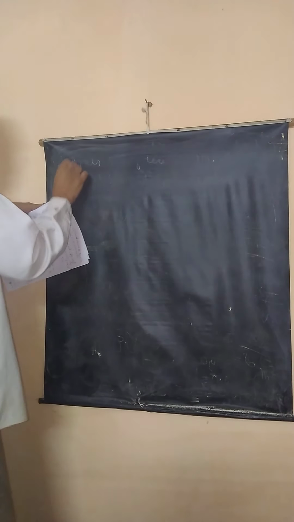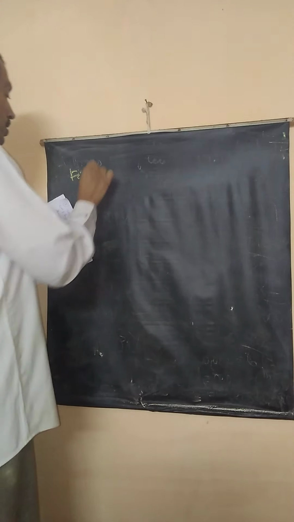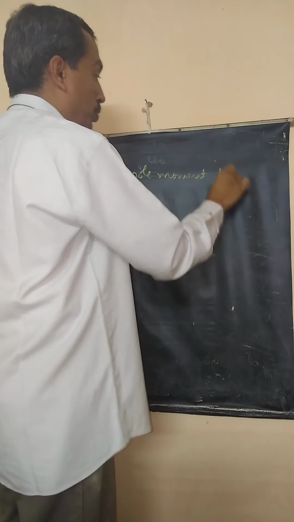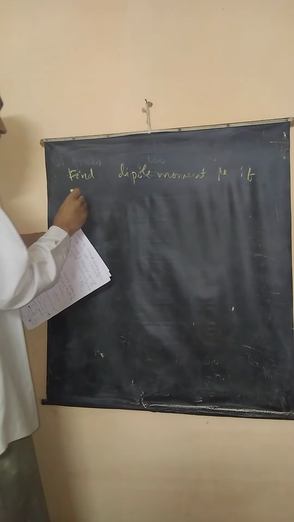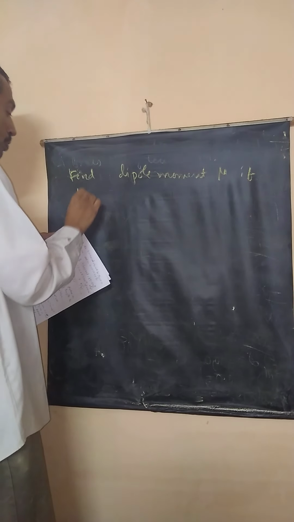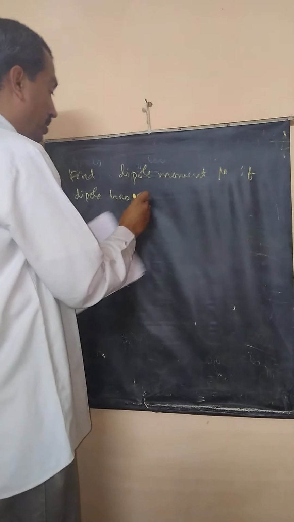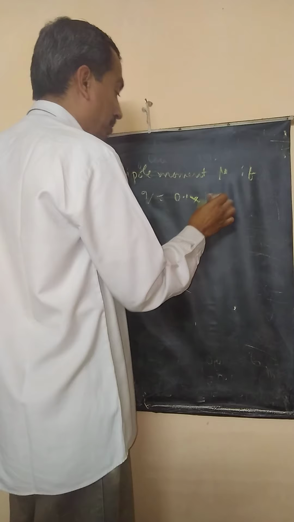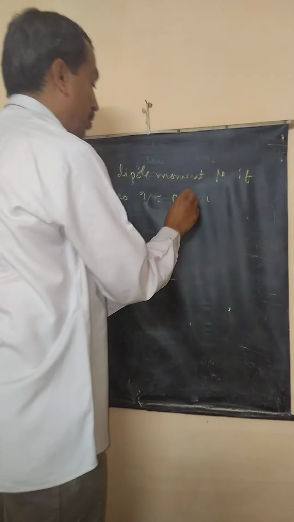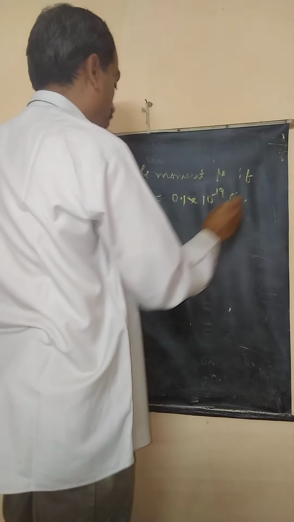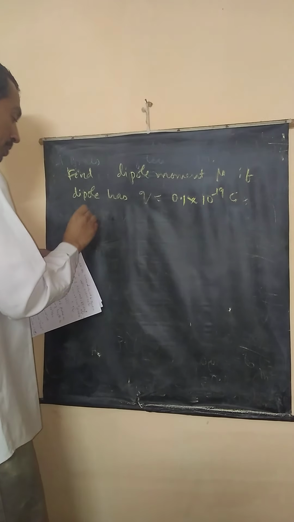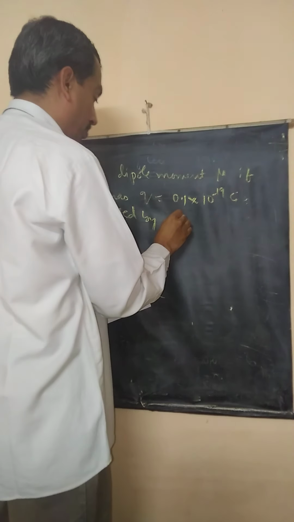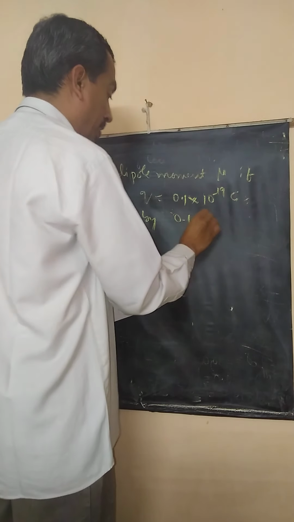See here, find dipole moment mu if a dipole has Q is equal to 0.1 into 10 power minus 19 coulomb and separated by 0.1 nanometer.